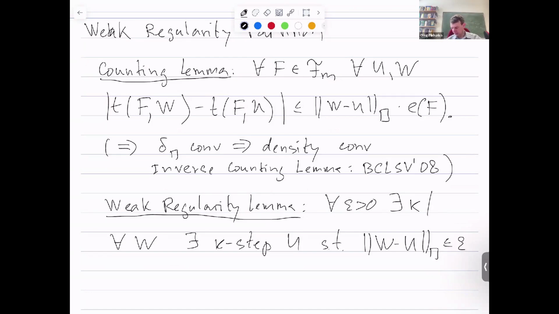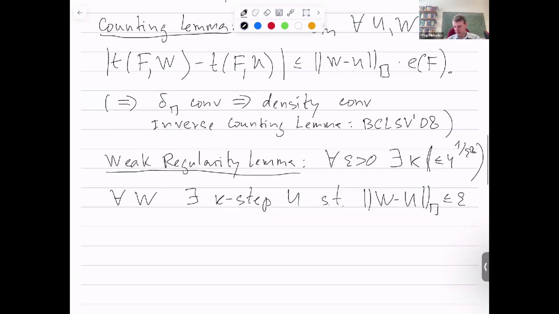And for weak regularity, it's known you can take k basically exponential in 1 over epsilon squared. For strong regularity, it has to be at least a tower. So you can prove tower, and there are examples showing it has to be a tower function. But what is important is that this k depends only on epsilon, which is very important in applications. So for example, if you wanted to prove a result where you put the L1 norm here, you have a two-variable function.